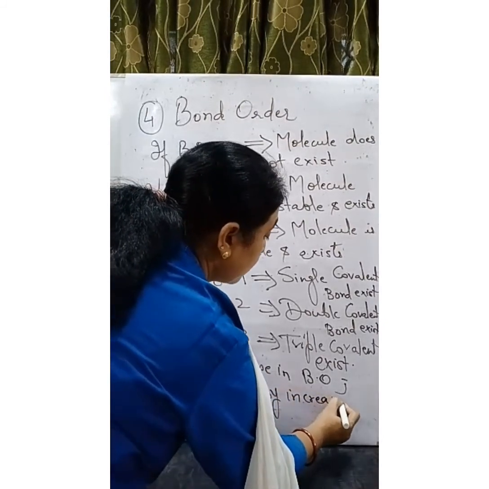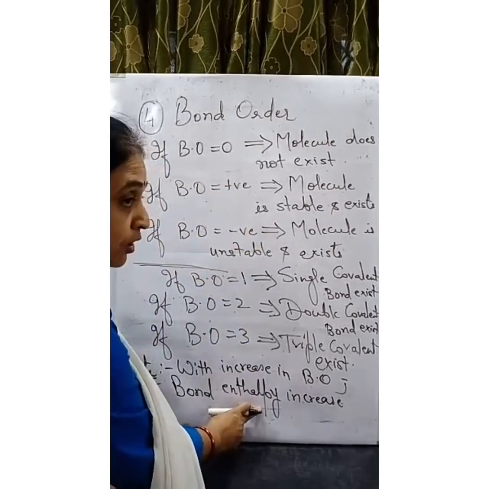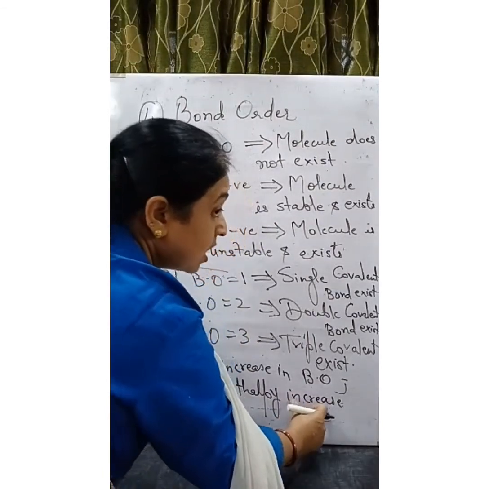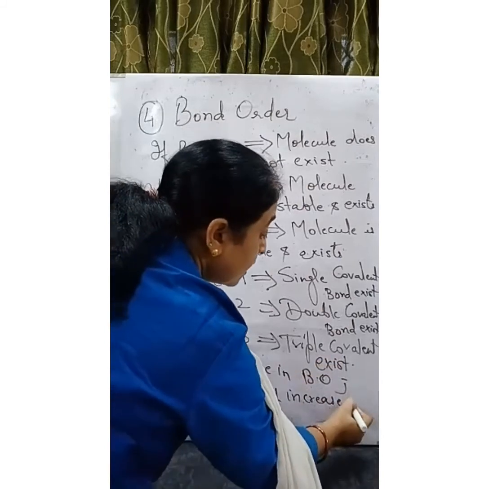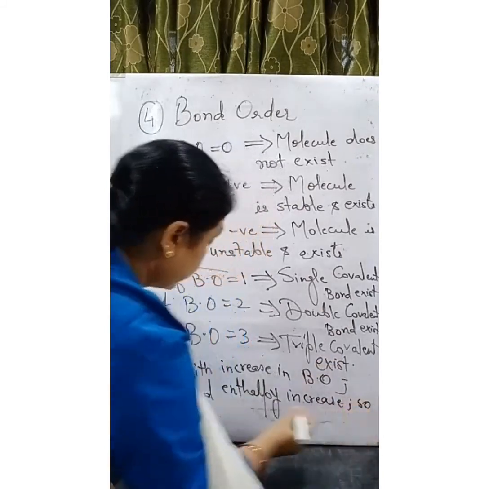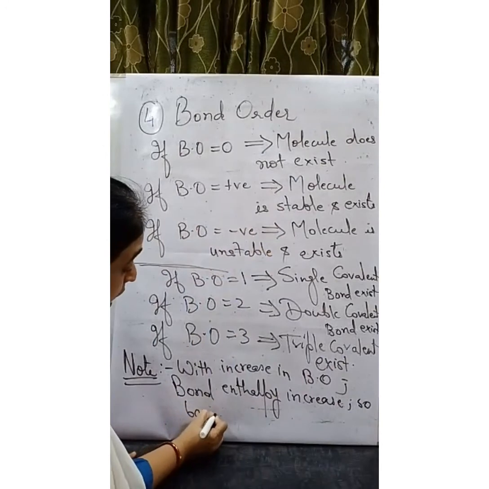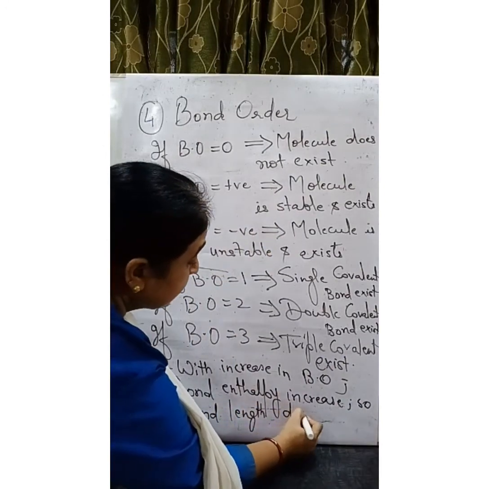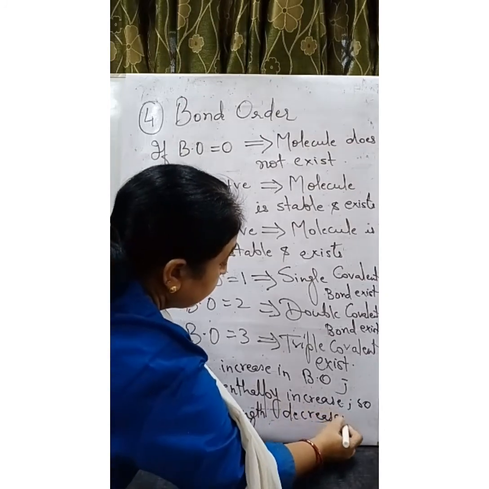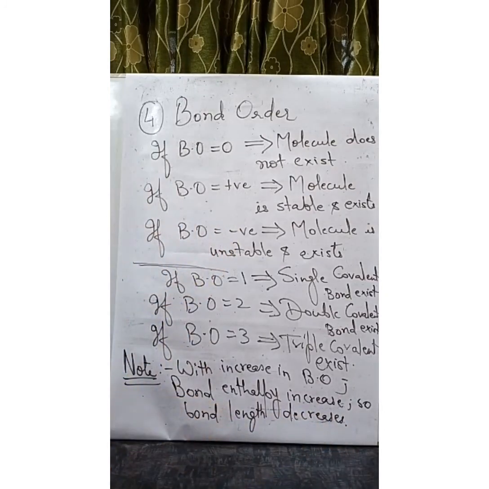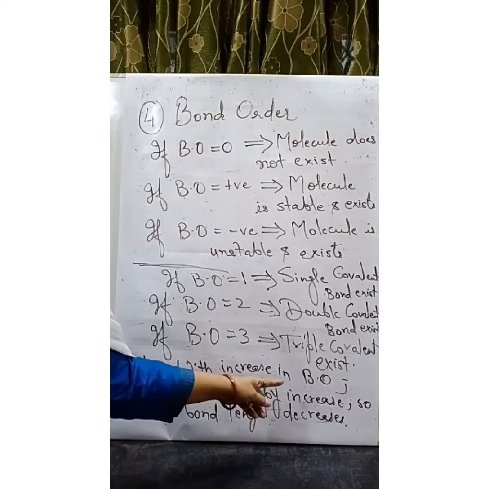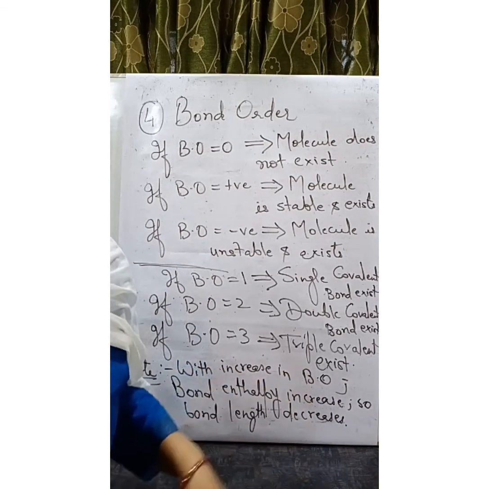Bond enthalpy means amount of energy required to break the bond. It is increasing. That means the bond length is shorter. So we can say bond length decreases, because in case of shorter bond length only we are able to break it by using more energy.